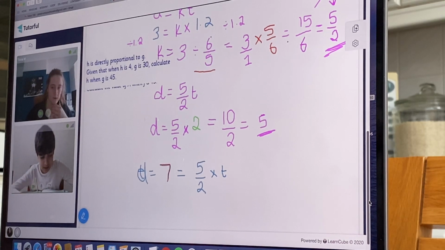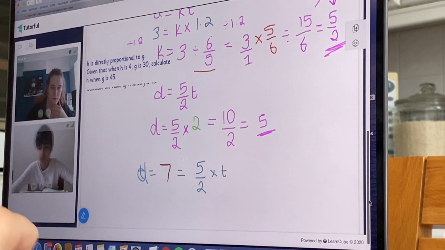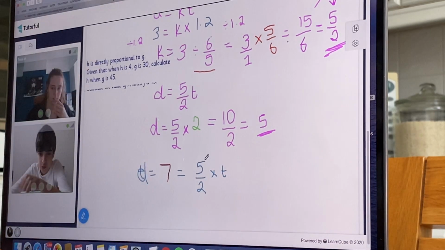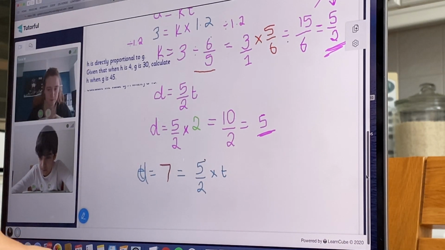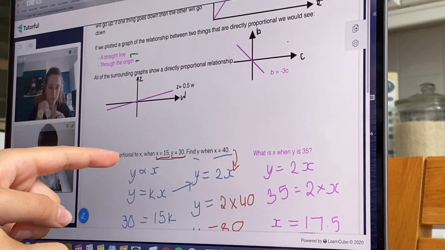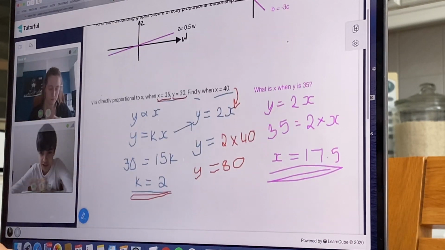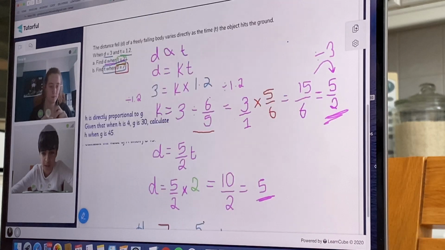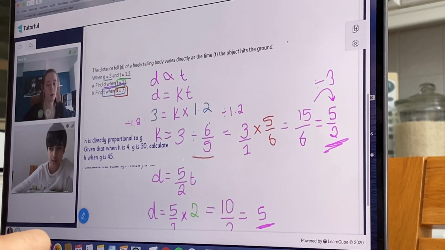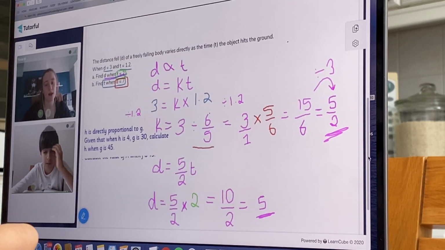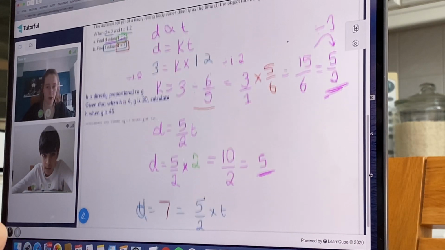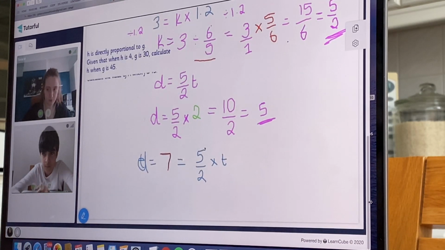From the very first question, the fraction that we get, we will always use it. It's as if, when you scroll all the way to the top of the page, we might have a graph that looks like y equals 5 over 2x.